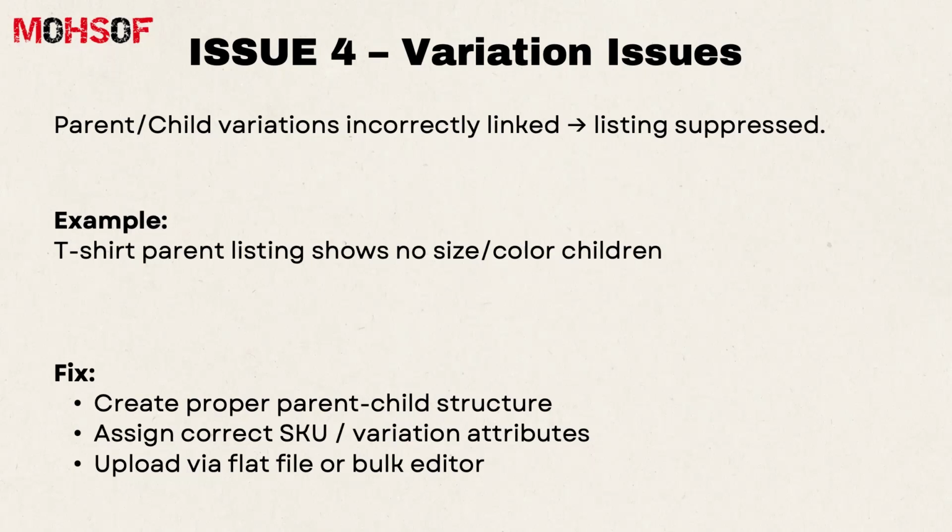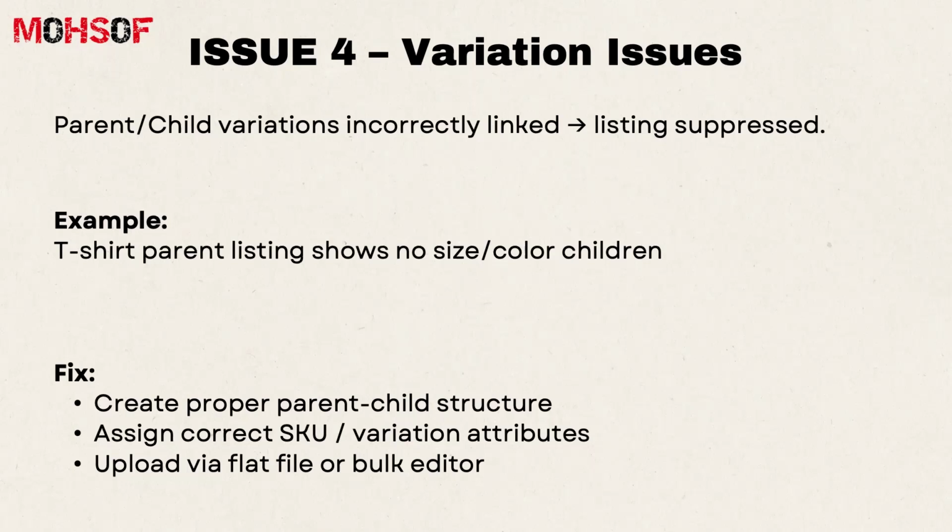If there is only size, you should select size. But if you have both size and color and you select only size in that template, the variation will get split and show up as individual listings, because the parent will not be created. For example, the same t-shirt has colors and sizes, but the parent listing shows no size and color, so the parent listing is broken.